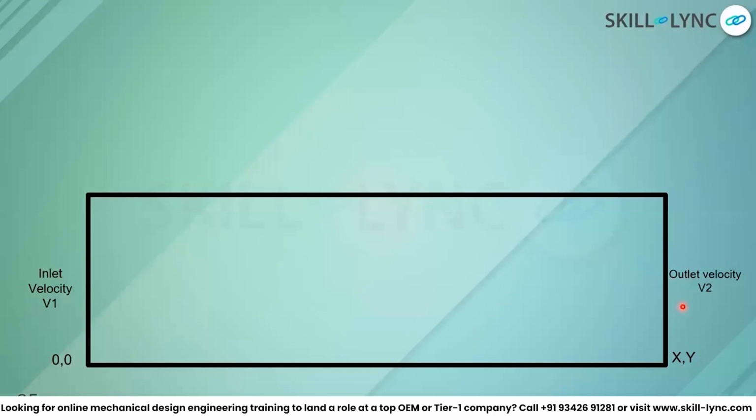Bernoulli's principle says, of course, that velocity v1 will be higher than velocity v2. Now I have a point A in the domain, with velocity v1 at the inlet and velocity v2 at the outlet. If I want to understand the velocity at point A, this is a constant velocity variation, with no disturbance in it.